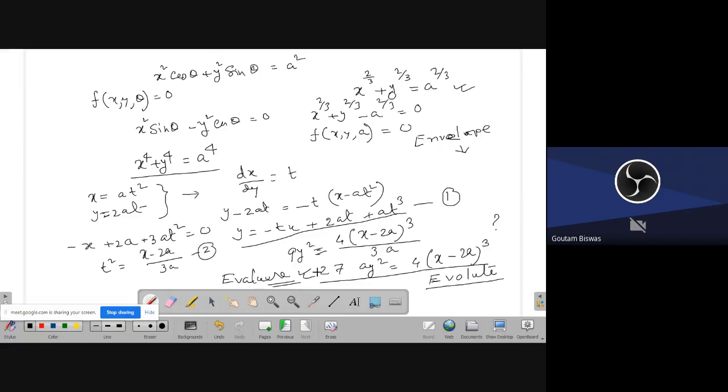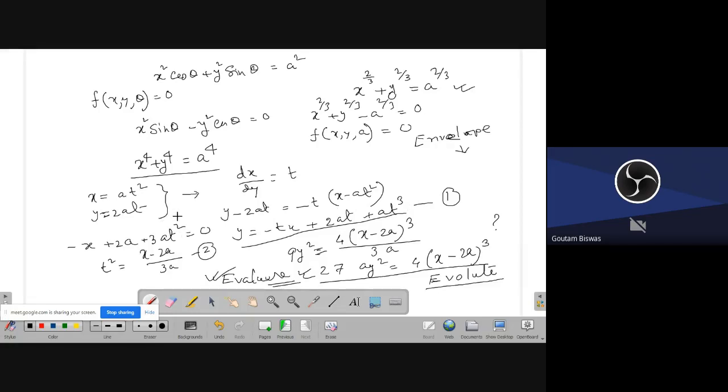You will get a curve that is called the evolute. The evolute is nothing but the envelope of the normals of the curve. So this is not directly the envelope of the curve, but the envelope of the normals to the curve. Tomorrow, in the next class, I will explain it.